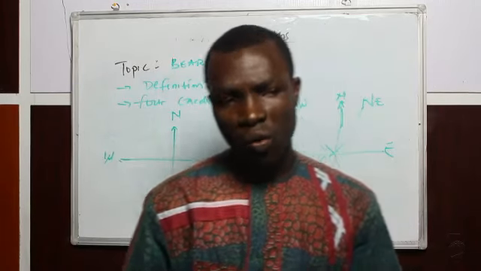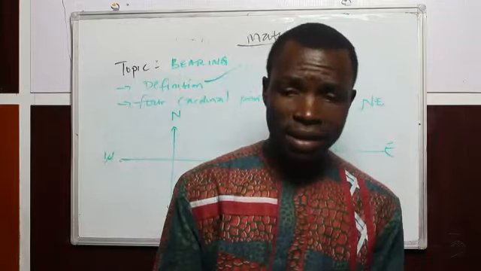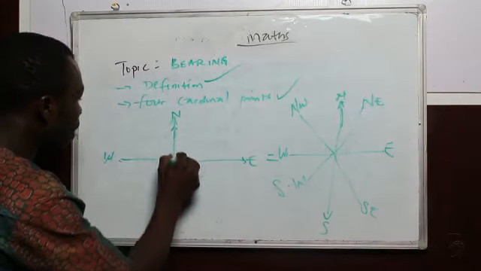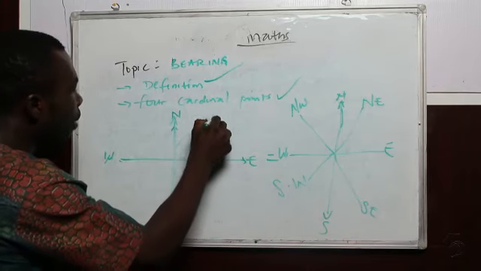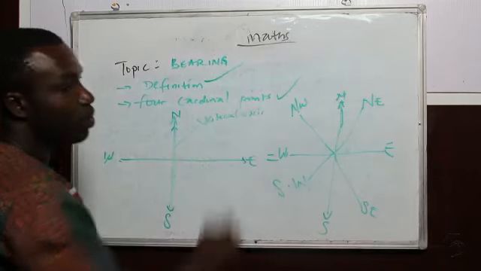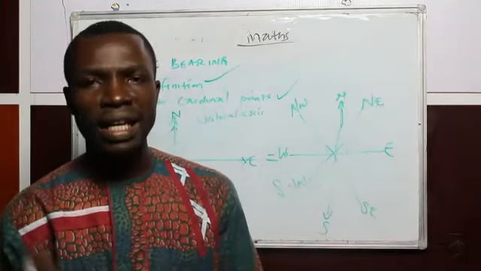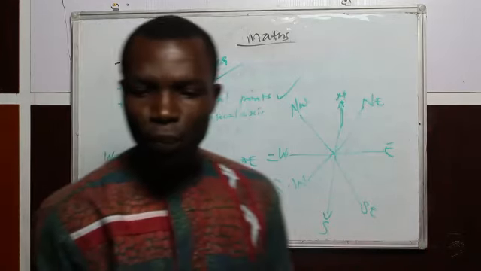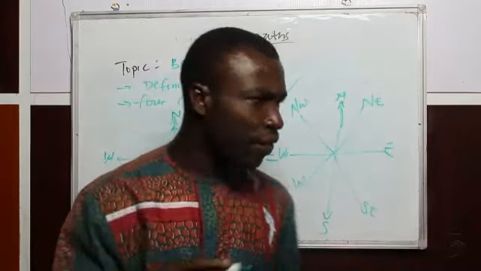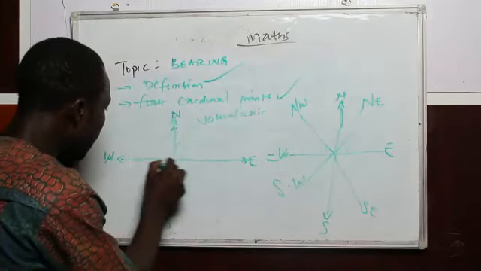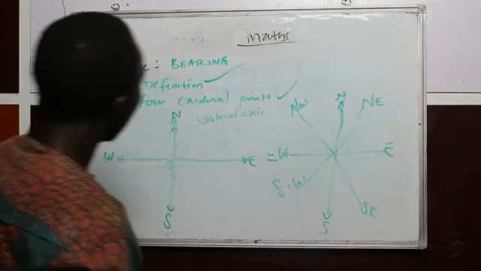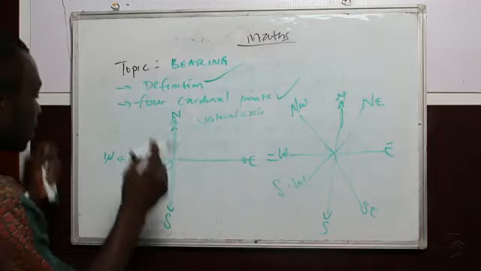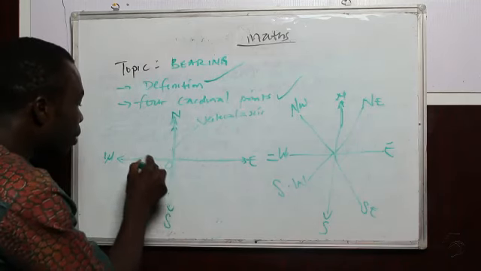Now, what is the meaning of cardinal points? Cardinal points are the vertical axis and the horizontal axis that intersect themselves at the point of 0, which is here.